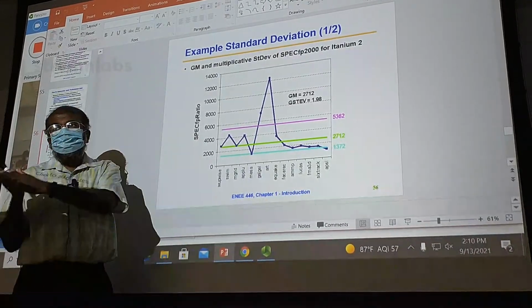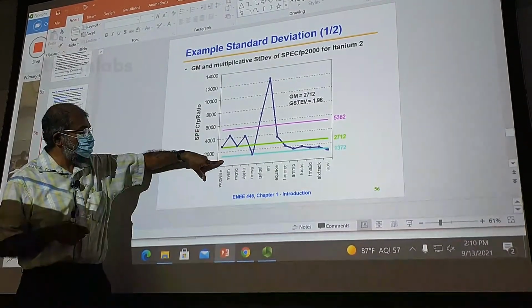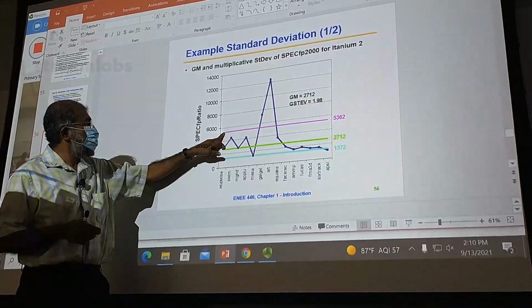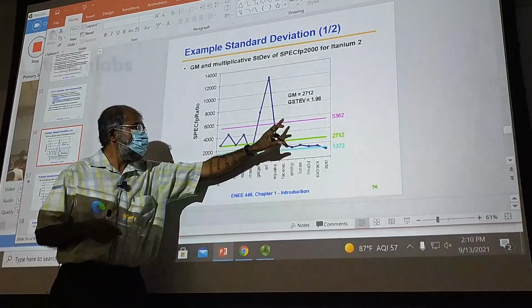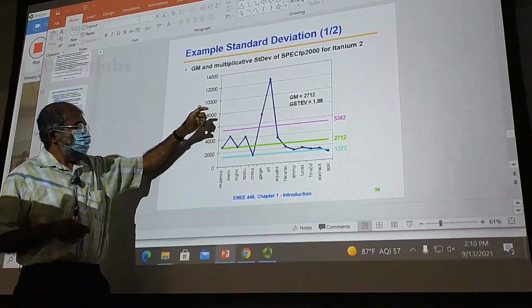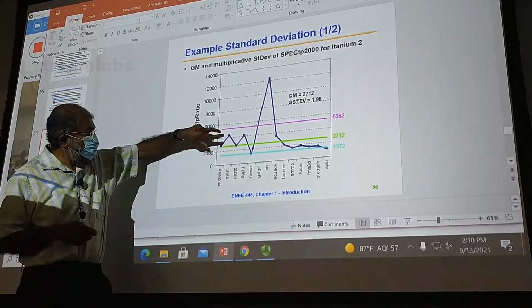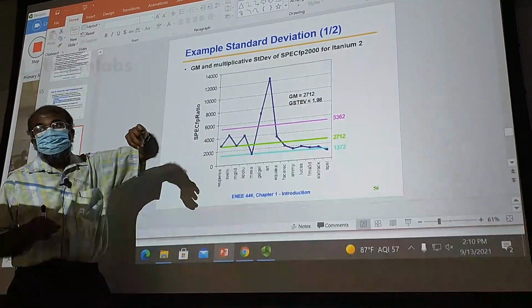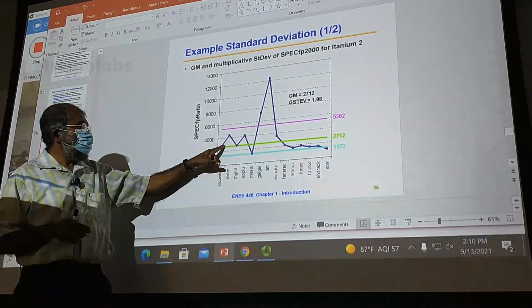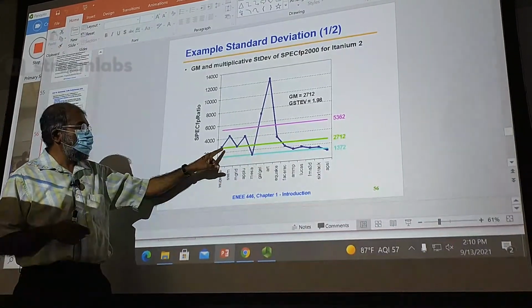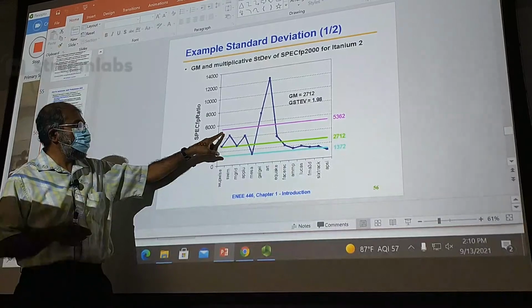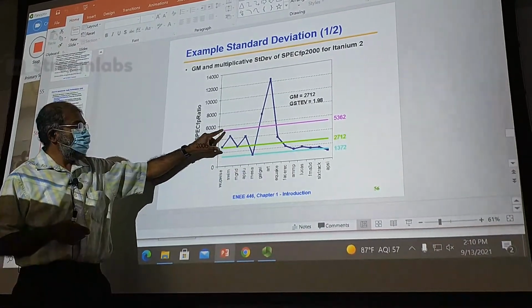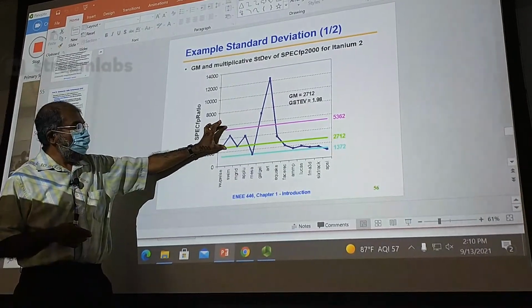So one geometric standard deviation away from this blue line and the purple line here. If it were arithmetic standard deviation, they would both be equidistant. But because it's geometric standard deviation, the green divided by the blue should be equal to the purple divided by the green. So this side it will be more.